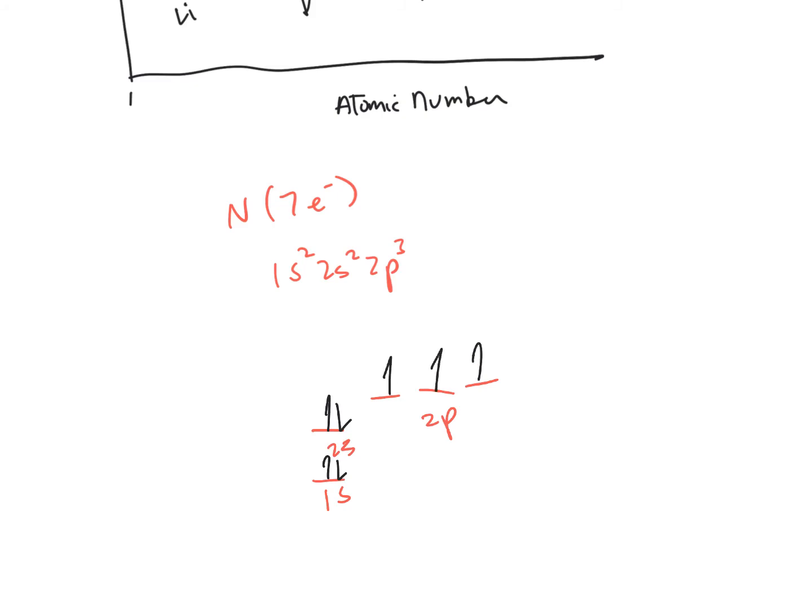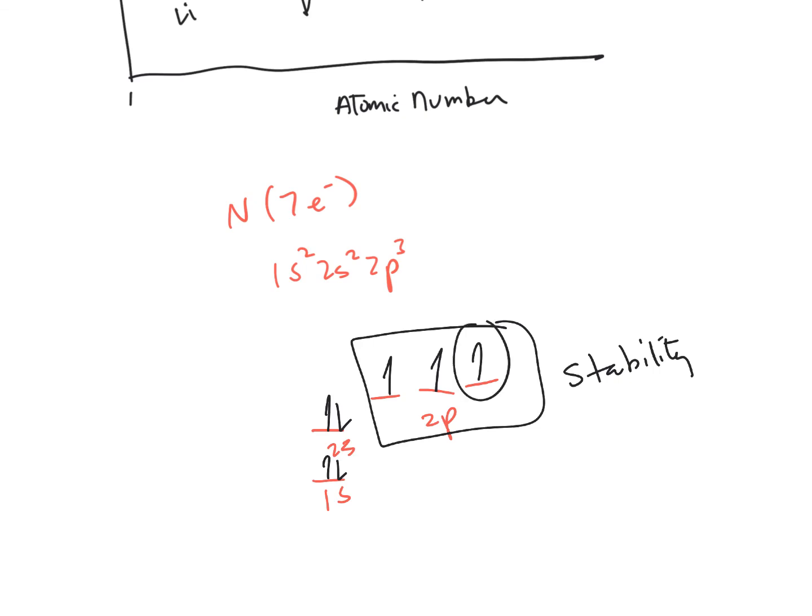The fact that this is a half-filled shell, again, shows stability, and so it's harder to ionize because it's more stable than oxygen. So oxygen, of course, would have 1 more electron in here. It creates instability relative to the stability of nitrogen. Okay, so that's the answer on that one, that nitrogen has higher ionization energy.